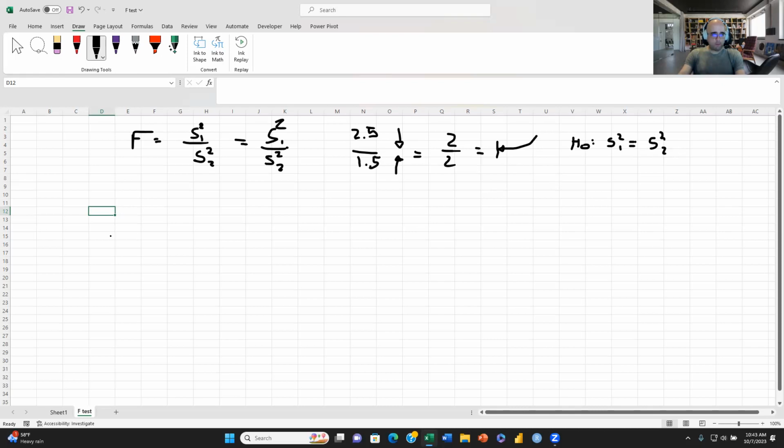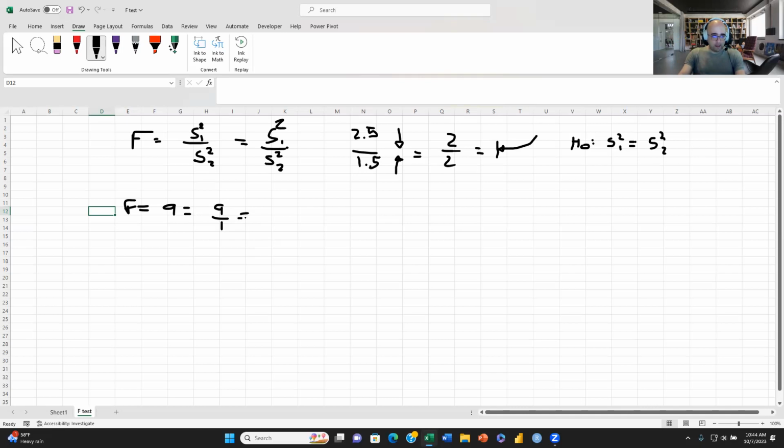Now let me give you another example. What if your F is 9? It's not very close to 1. If you simplify that fraction, 9 is really 9 over 1. So whatever your variances are, when simplified, an F of 9 is really an F of 9 over 1.